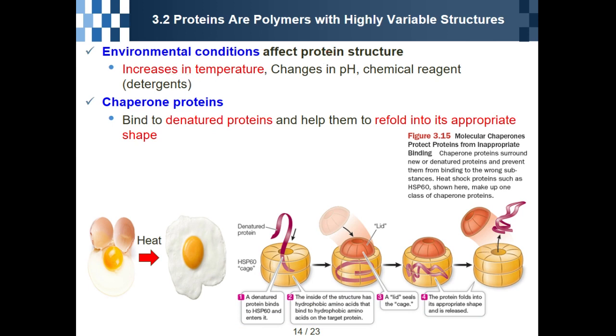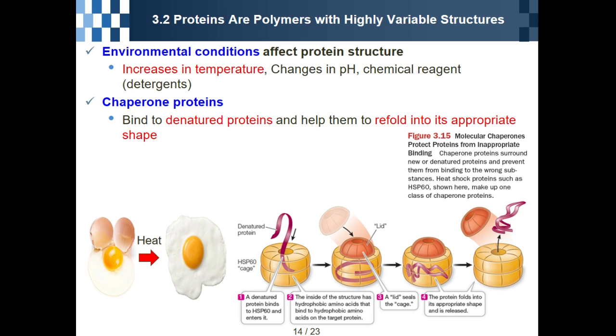Usually the egg is composed, most of it, of protein. After we increase the heat, increase the temperature, the protein can be denatured like this. Or another environmental condition change, or a chemical reagent, can change the protein structure.